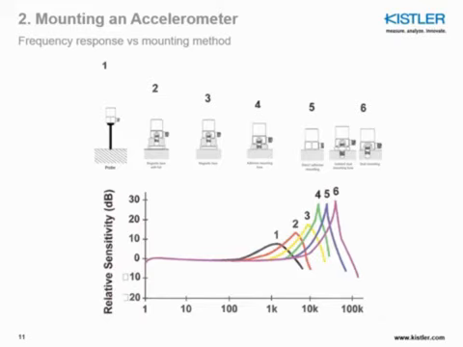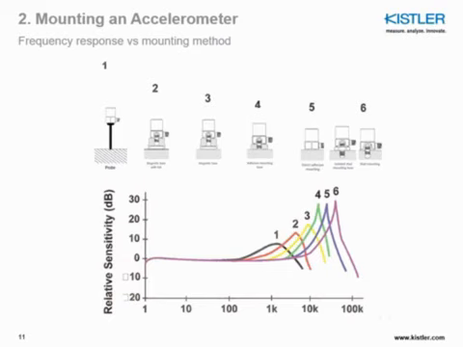It's the best frequency response you can get. Then, if you are using an isolated stud, where the plate is all integrated in one piece with the stud, that's the one you see between 5 and 6. You should get a peak that is fairly close to the stud mounting, just a little bit lower because you have this additional plate in between playing the role of a mechanical filter, but it's minor.